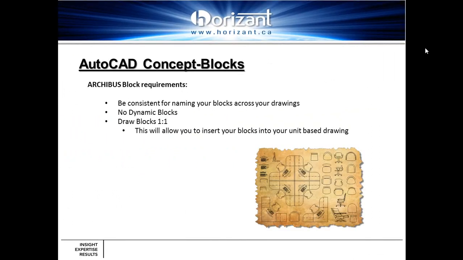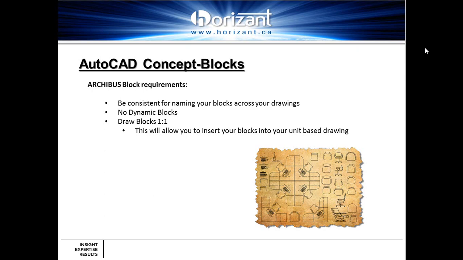Going into the block concept, ARCHIBUS can deal with blocks inside the drawings. You can take a block, whether it's a furniture block or an equipment block, or any of the many other types of blocks you have, and convert it into an asset. So you want to have some sort of methodologies and requirements with blocks as well, just like we had for polylines.